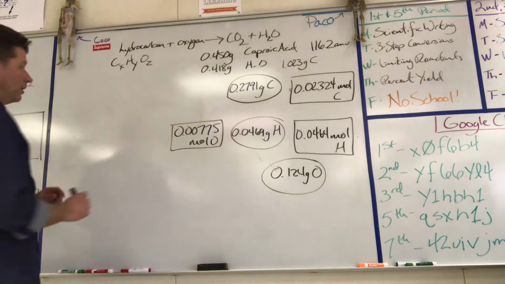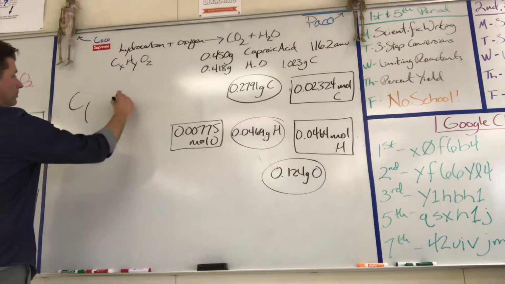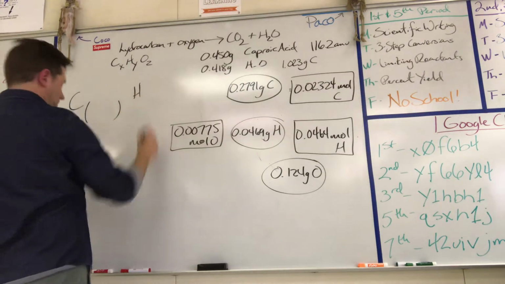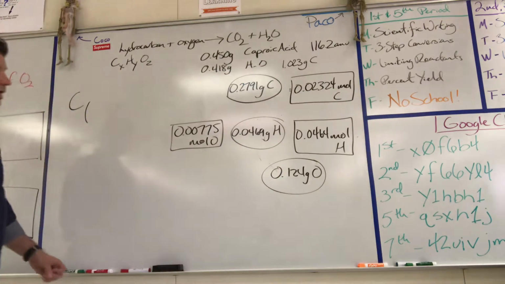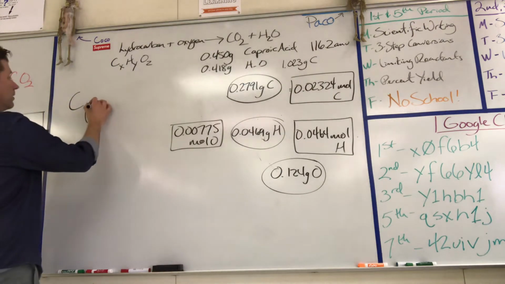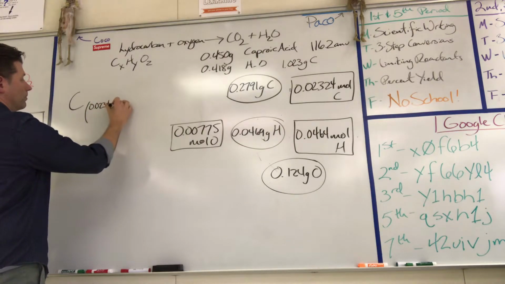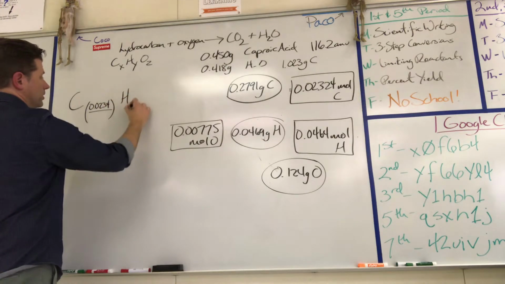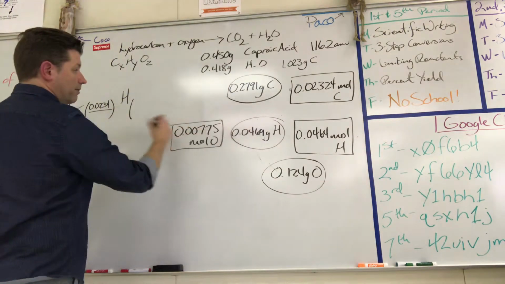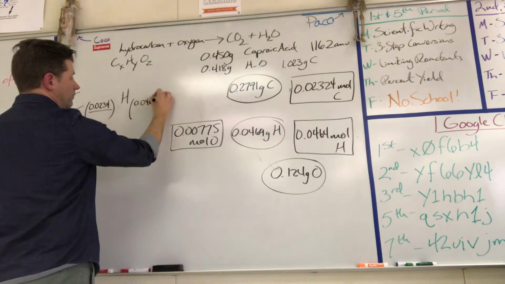So we have carbon. Well, let's do it this way. Carbon, we have 0.0234. Hydrogen, we have 0.0464.